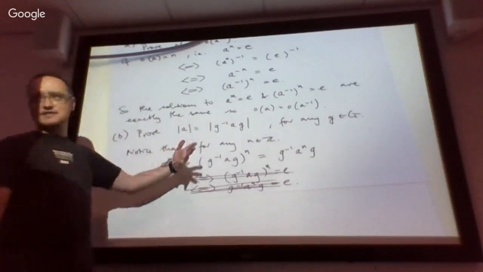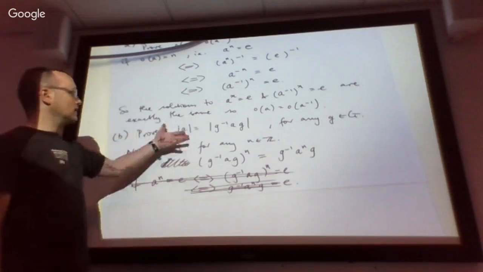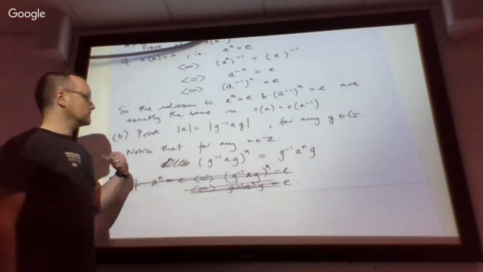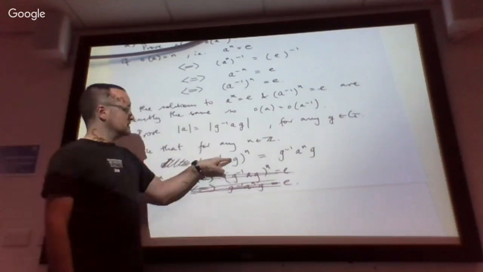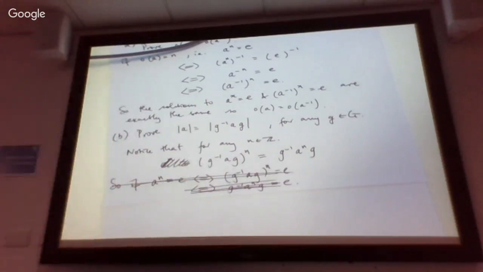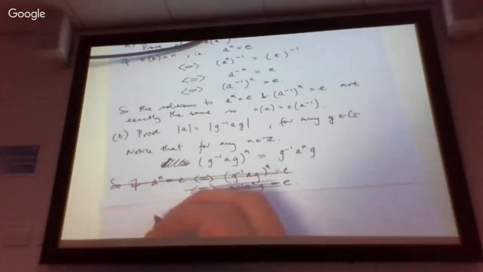Wasn't sure if he was using that notation or not. So here we want to show that the order of an element A is equal to the order of G inverse AG for any little g in the group.